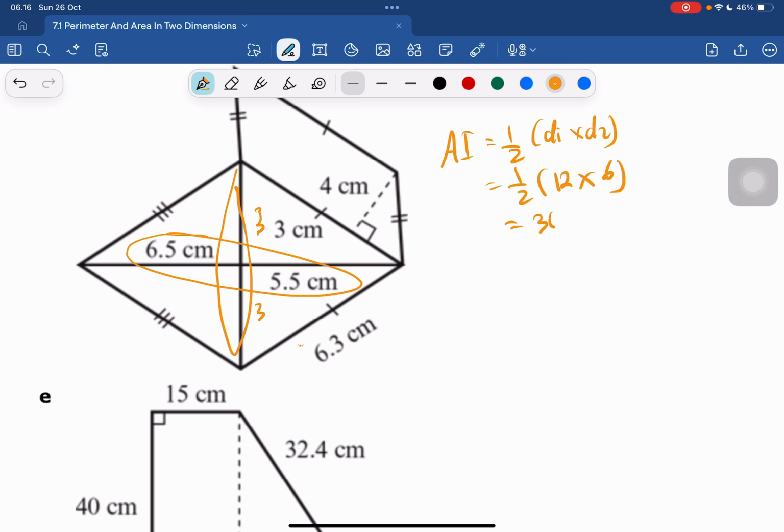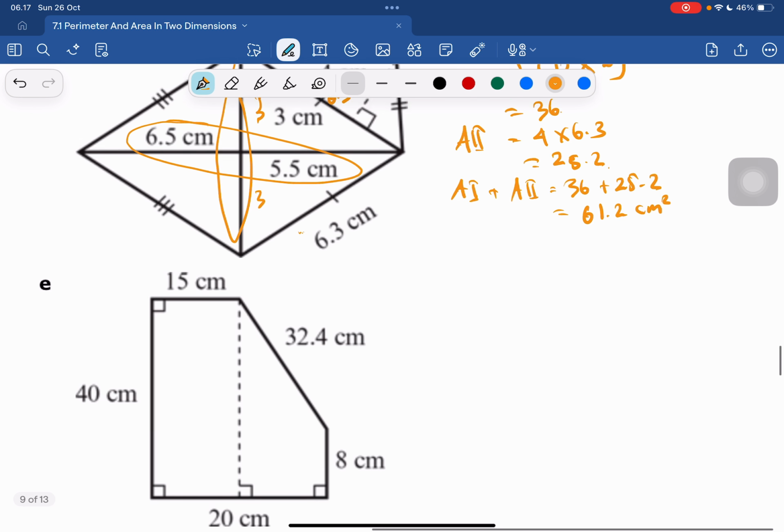So it's gonna be 36. And the second area, this is 4 and this is 6.3. Parallelogram, so we just make it 4 times 6.3, which is 25.2. So first area added to the second area, 36 plus 25.2. So this will give us the answer of 61.2 centimeter square.